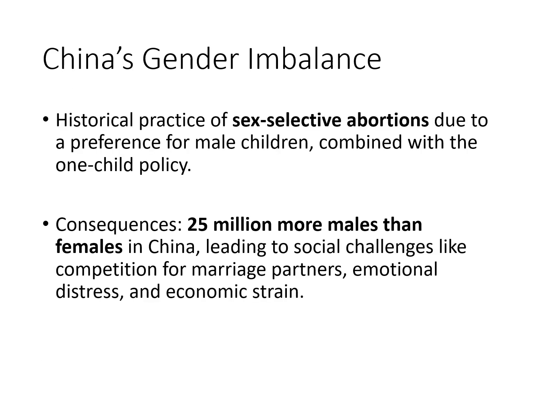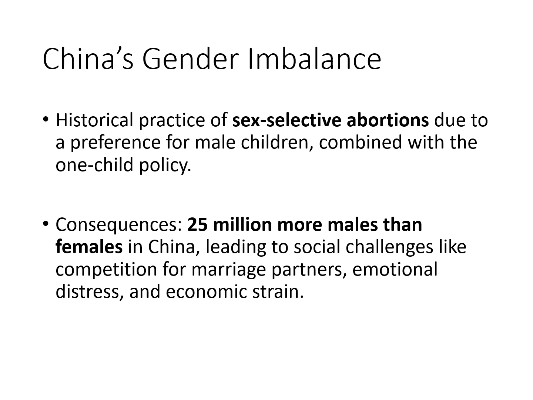An example of the problematic use of prenatal genetic information can be seen in China's gender imbalance, which resulted largely from sex-selective abortions. These were driven by a strong cultural preference for male children, reinforced by the one-child policy that was in effect for decades.